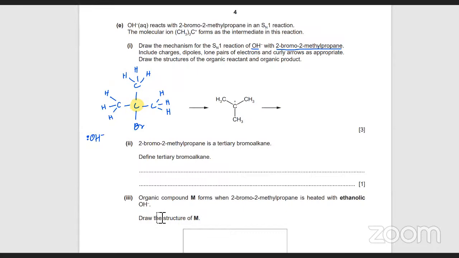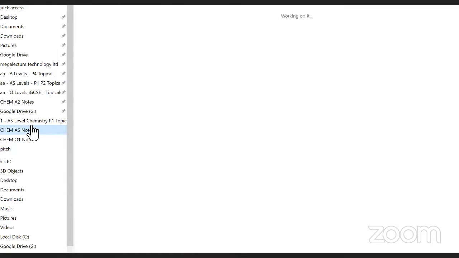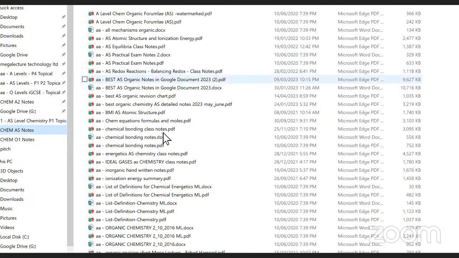So it's a tertiary halogenoalkane. तो इसके notes खोलो कि what type of reaction happens when you have a tertiary halogenoalkane? What type of reaction happens when you have a halogenoalkane reacting with OH minus 1?